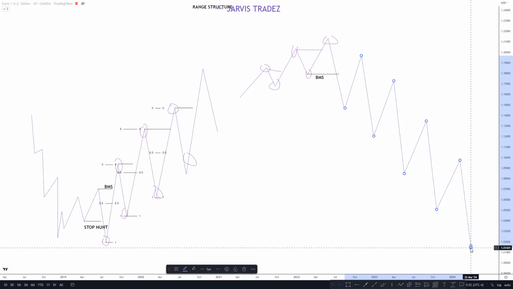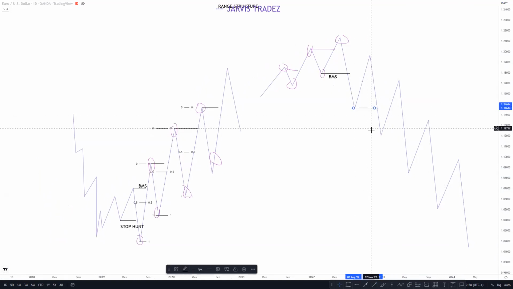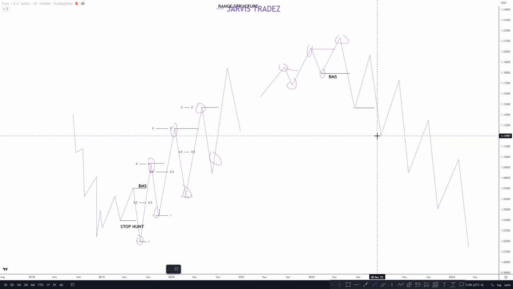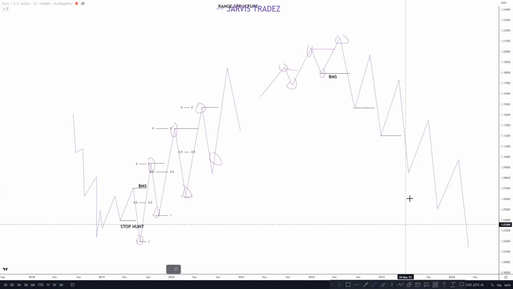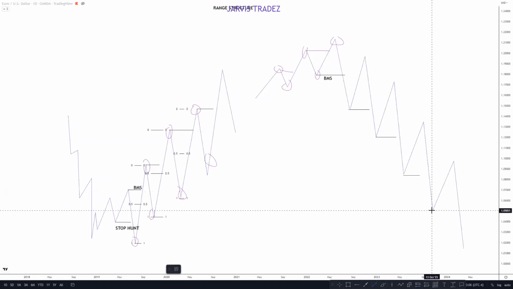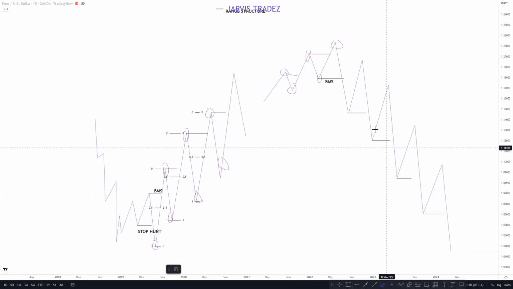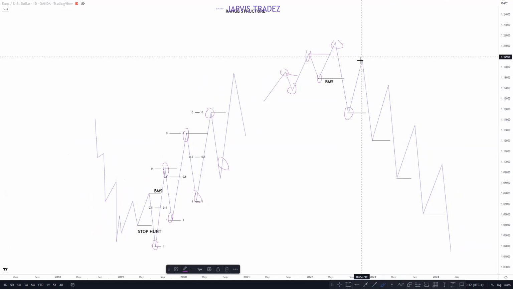So now we have the formation of a range for a bearish trend. All these little structures will not be a BMS. These will be just a range structure for you.